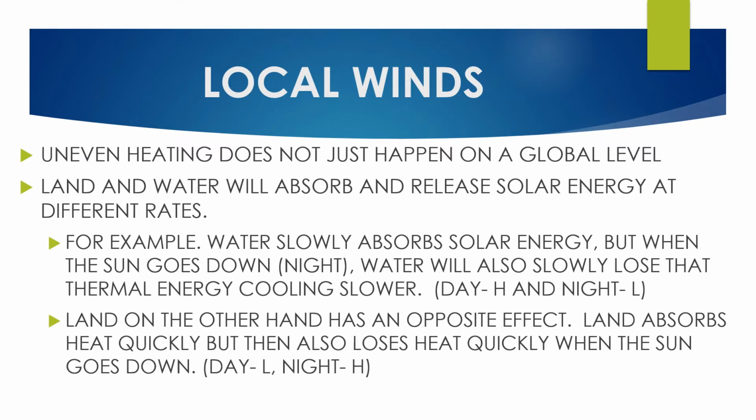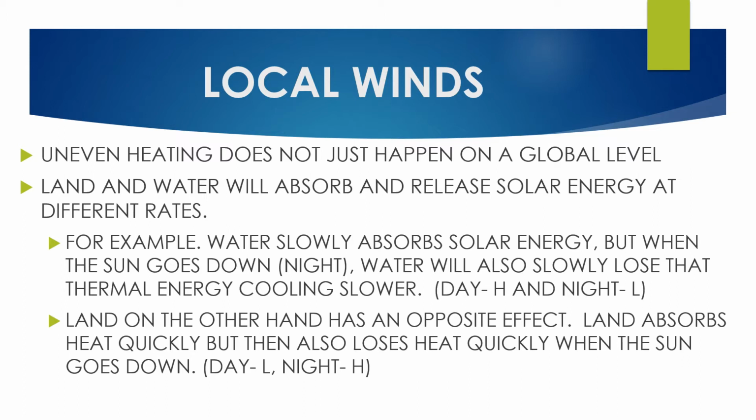Now you've got warmer land, so therefore you've got a low pressure system. And at night, it releases all that heat energy so quickly, so it's a lot cooler, so you've got that high pressure system.